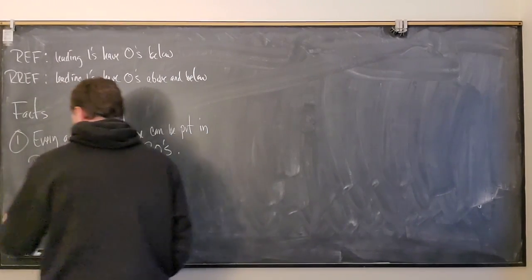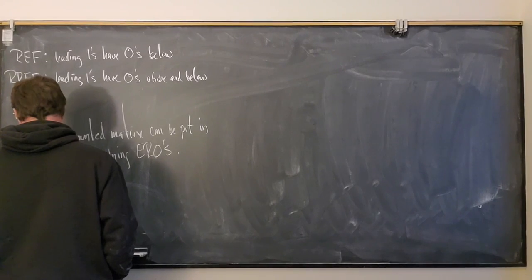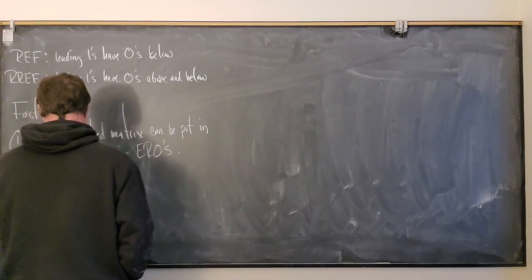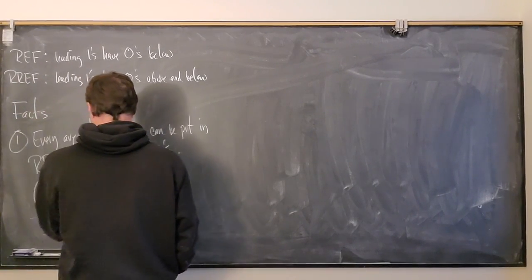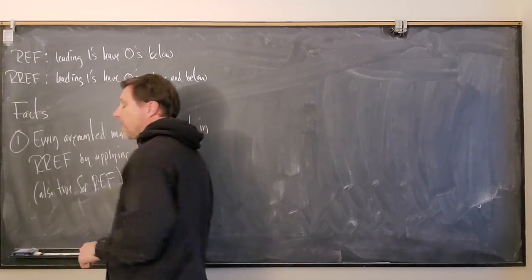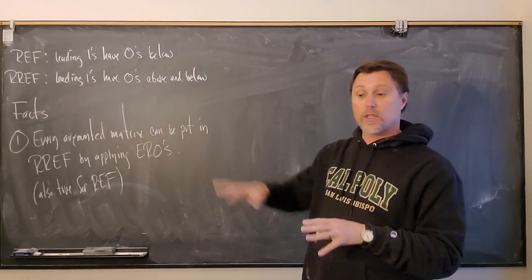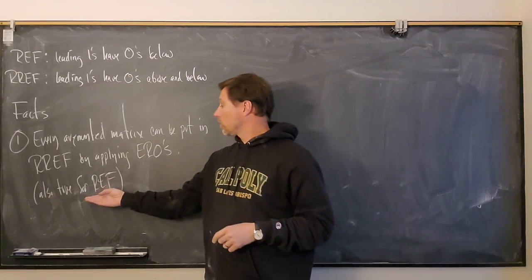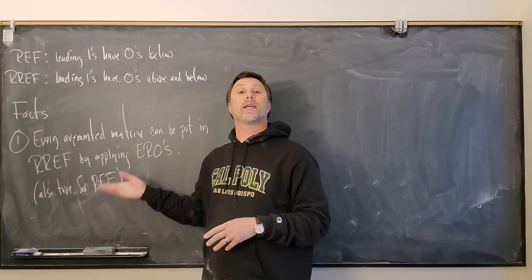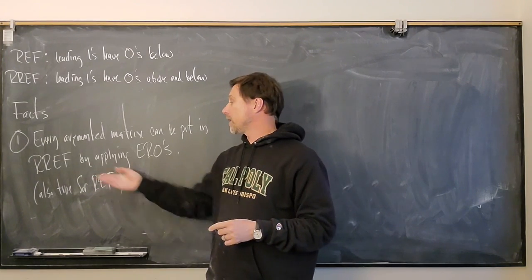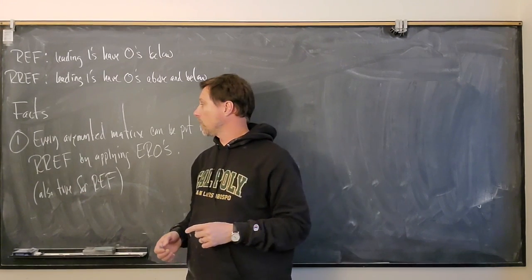This is also true for row echelon form. In fact, the process we're going to learn applies row operations. We will first get row echelon form, then by applying some additional row operations, we'll get it into reduced row echelon form. Right?